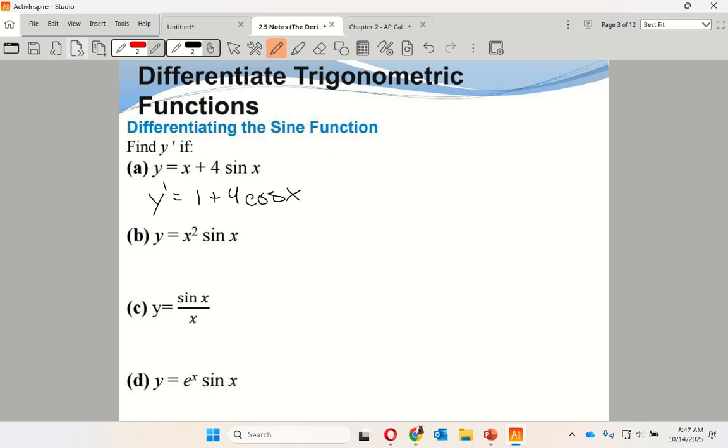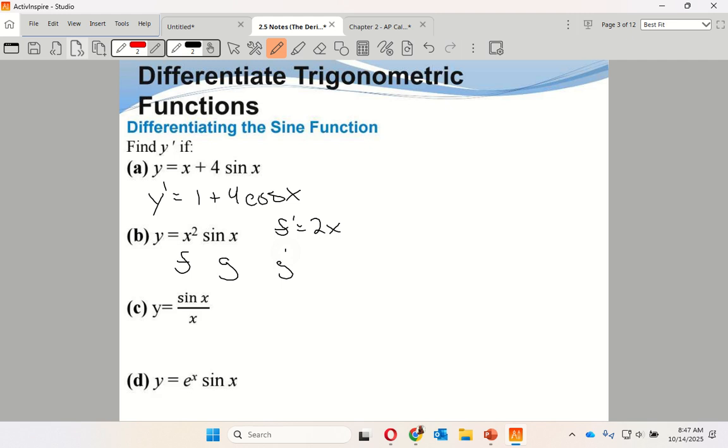This one right here, what rule is that? What's happening in between these two items? Product rule. Very good. So product rule. Label what it is we're talking about. This is F. This is G. My F prime is going to be 2x. Very good.